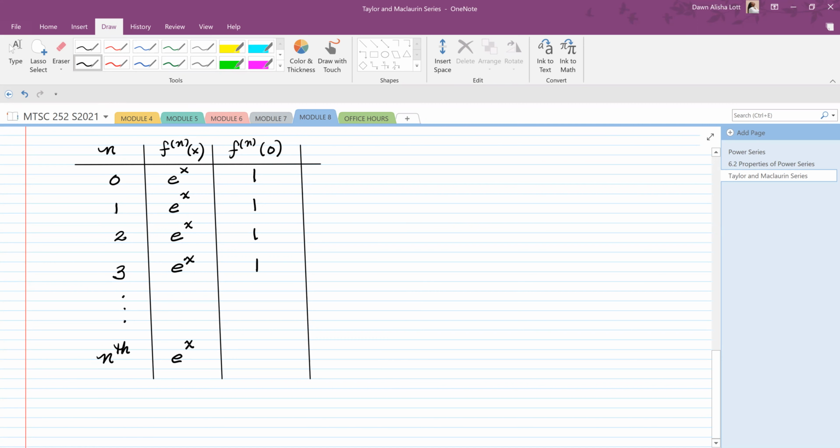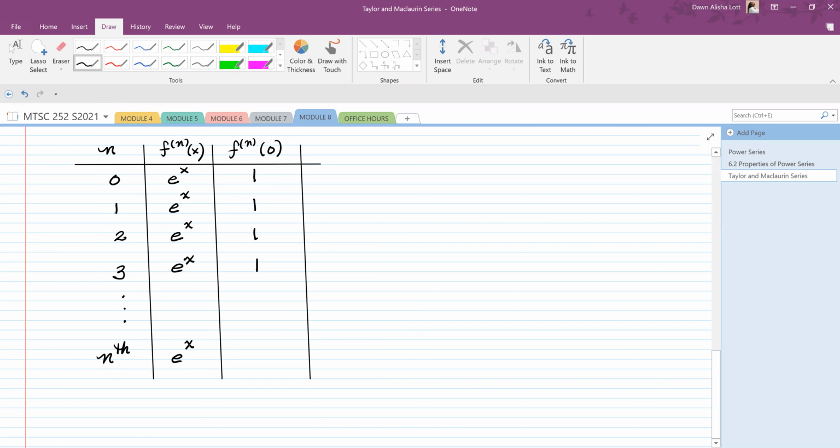Okay. So the power series that we said now is a Taylor series, but because we're doing it about x equals 0, it is now a Maclaurin series. The Maclaurin series for e to the x is as follows. e to the x is equal to the sum n equals 0 to infinity. I have to put in the nth derivative of that function, which was e to the x, divide by n factorial, and then multiply by x to the n, x minus 0 to the n.